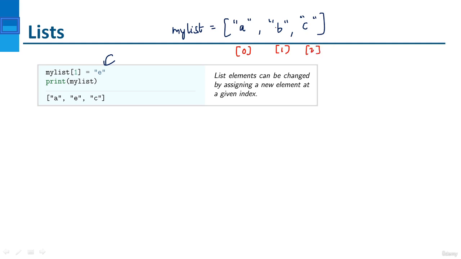So the element at index 1 gets modified, which means B will be modified to E here. After updating this element to E, the updated list can be printed and you will get the result like this: A E C.